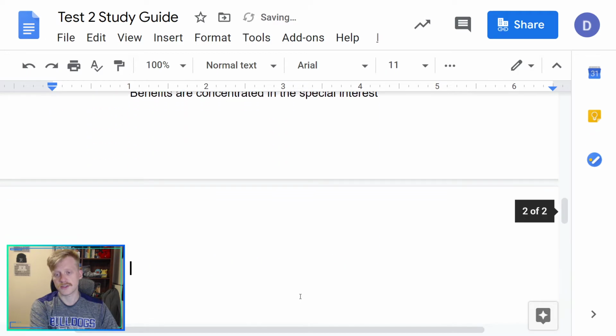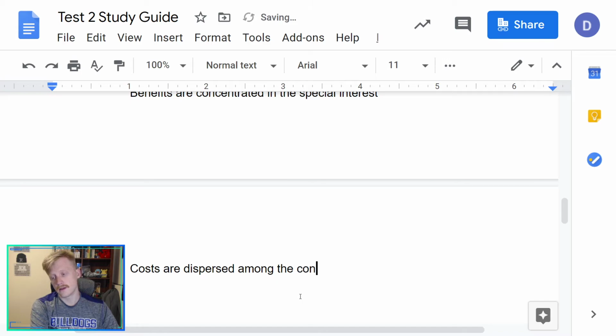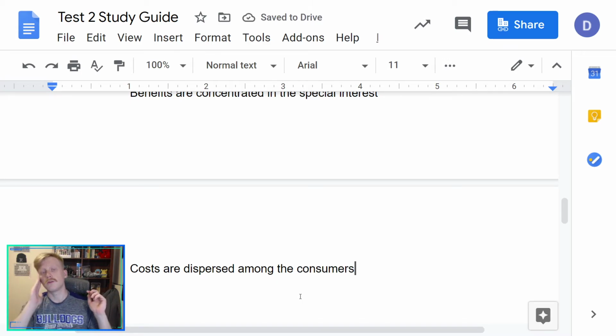Okay, so the benefits are concentrated, but the costs are dispersed among the consumers. Okay, so the consumers, it is costing them more.